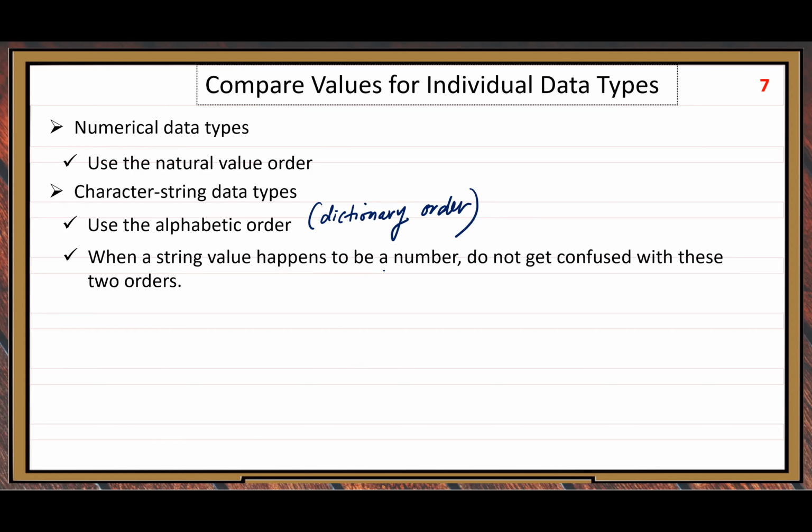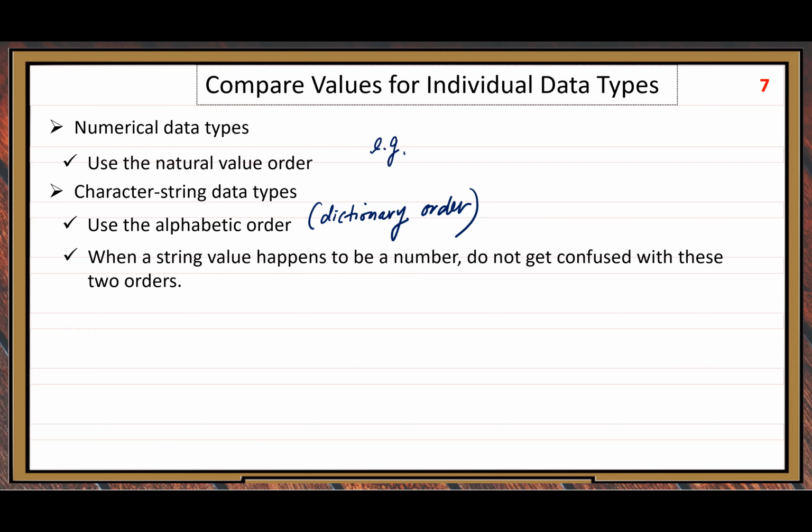When a string value happens to be a number, although it's a string value, if you look at it character by character, it's a number. Do not get confused with these two orders. Let me give you a simple example.